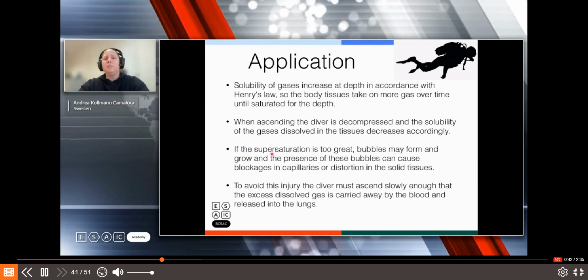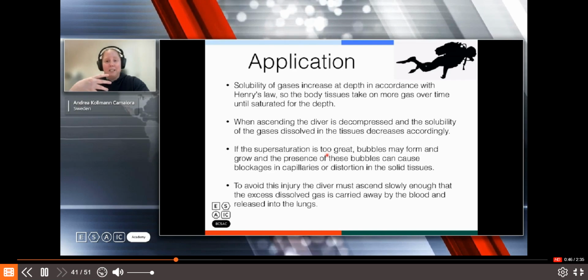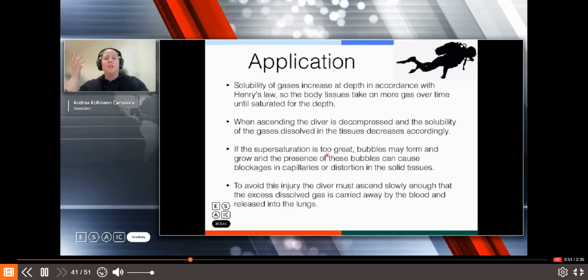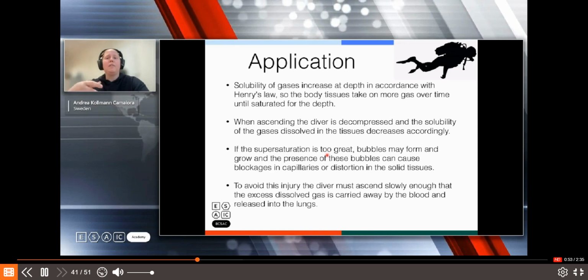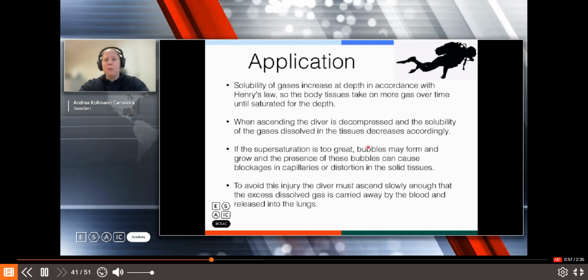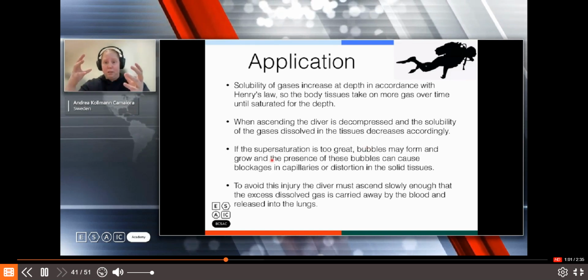So if the supersaturation is too great, so if everything is just dissolved and the diver goes up too fast and there is no time for that gas to leave those tissues, bubbles may form and grow because there is less pressure applied to them, so they grow.